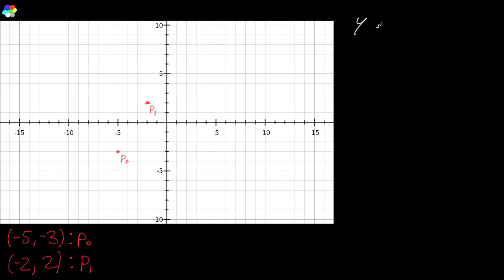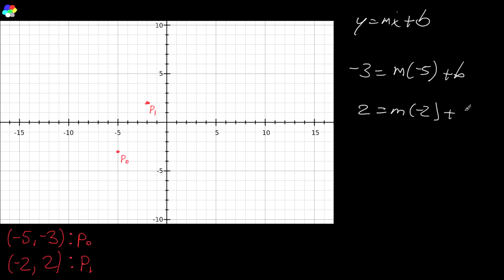We know the equation y is equal to mx plus b. We have some data points. We can plug them into this equation and get 2 other equations based on it. We can get, rewind, -3 is equal to m times -5 plus b, and we can also get 2 is equal to m times -2 plus b.